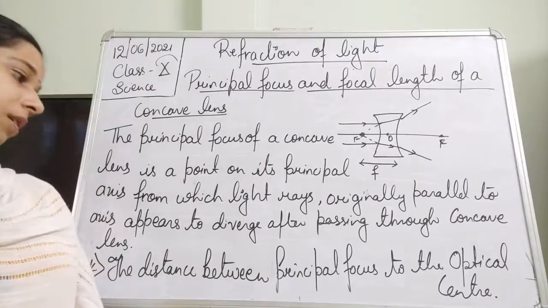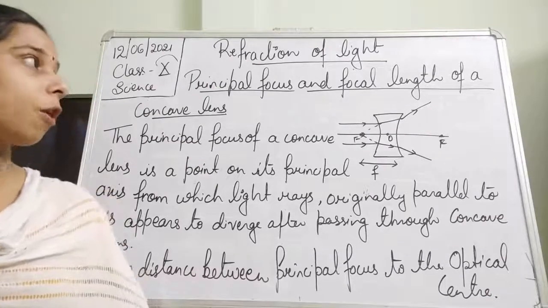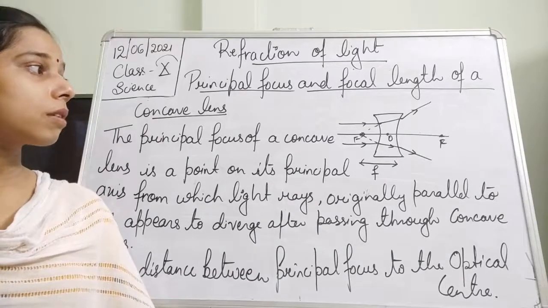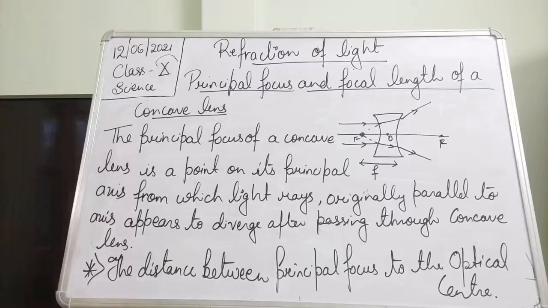Okay. So the distance between the principal focus and the optical center is called the focal length, students. So this is about the concave lens.